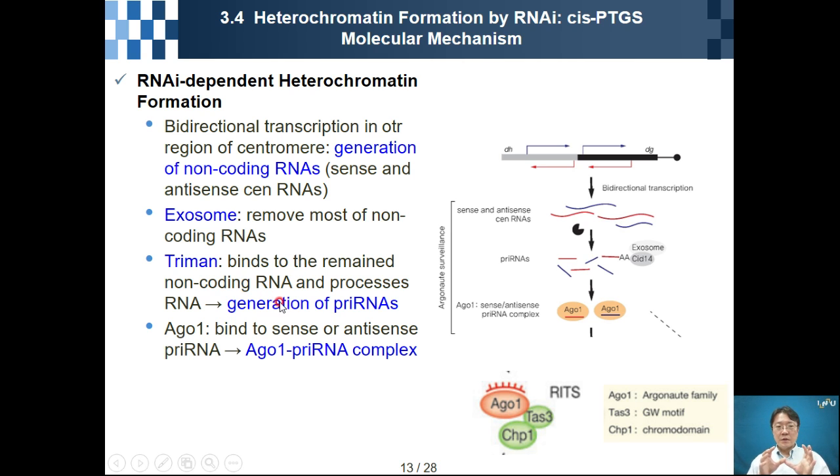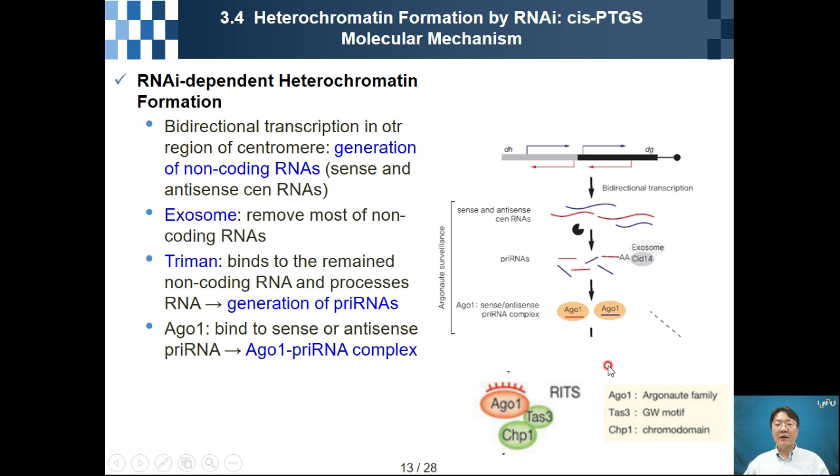So this protein protects the non-coding RNAs from the exosome. It binds to the remaining non-coding RNA and processes the RNA. So it will make the pre-RNA. The full name is primer RNA, pre-RNA. It will generate pre-RNA.